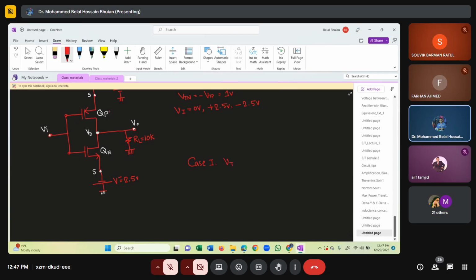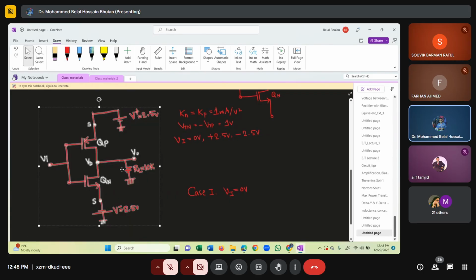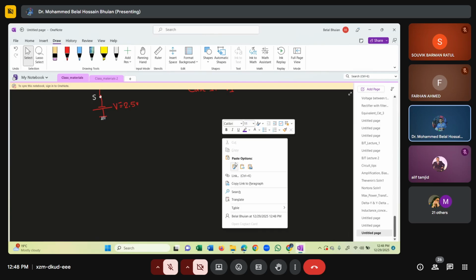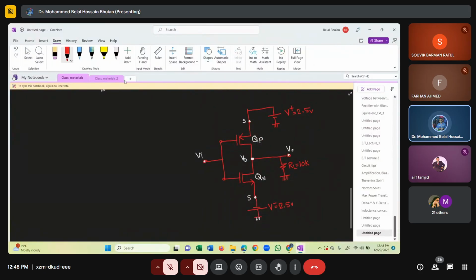Vi equals 0 volt. All right, so let's redraw the circuit. Vi equal to 0 volt means it is connected to the ground, the input is short circuited.